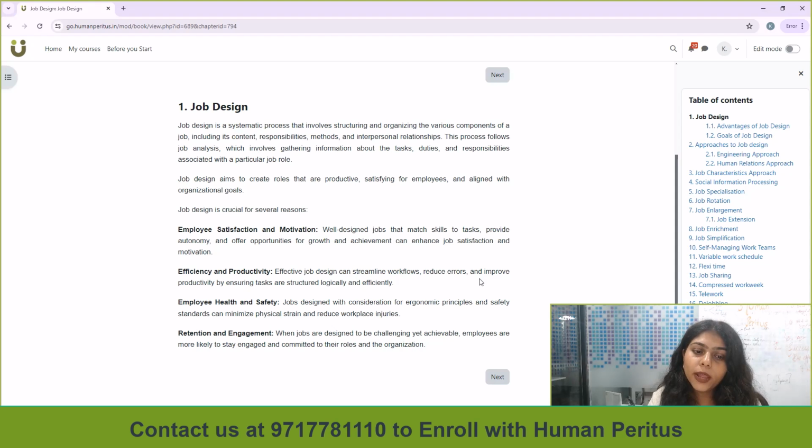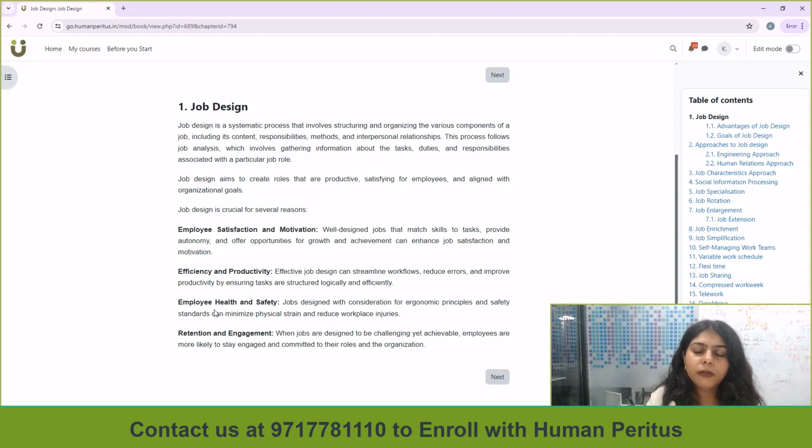Now we have employee health and safety. Since we care about the employees more than we did before, employee health and safety are considered here. Then retention and engagement. Employee retention is a huge factor here. You want your employees to stay with the company.